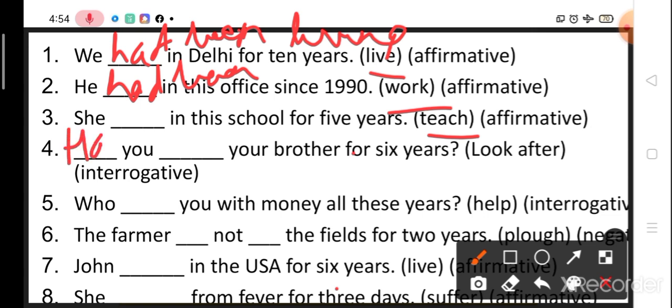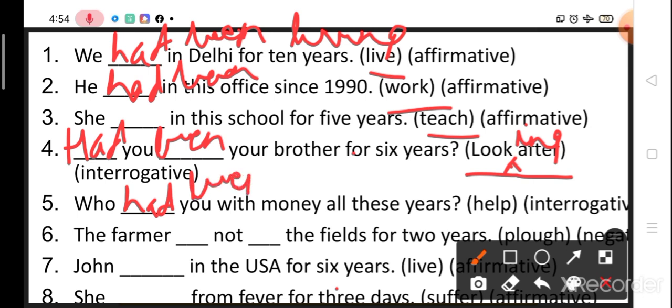Had you been looking after your brother for 6 years? Who had been helping you with money all these years?